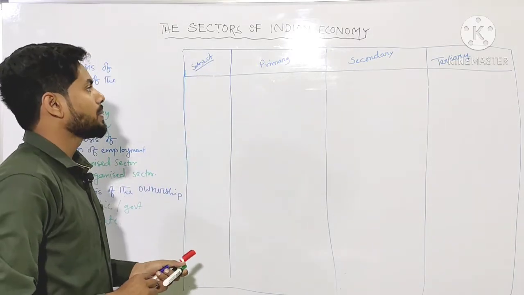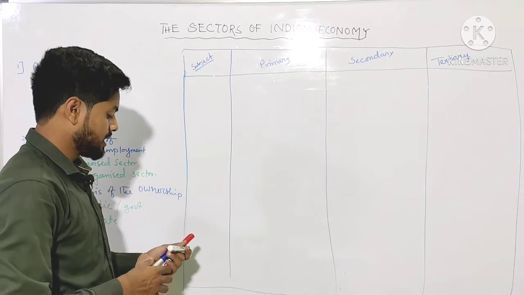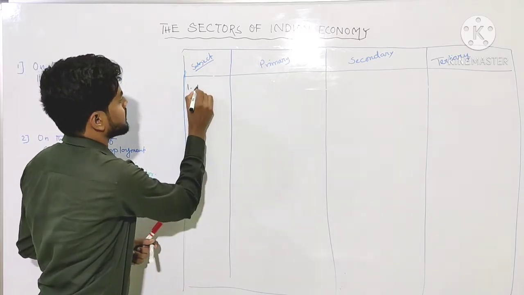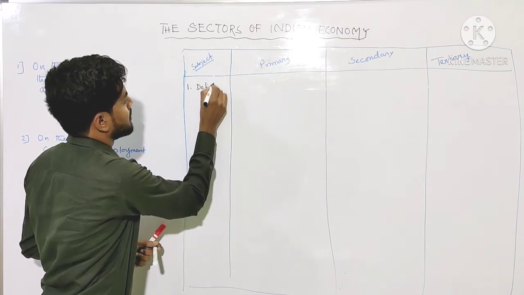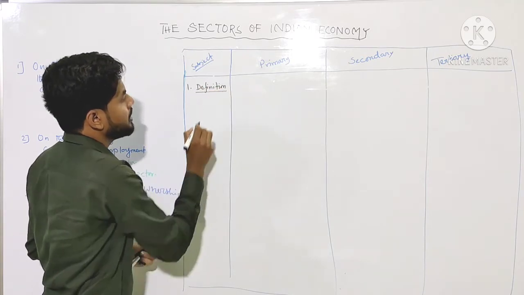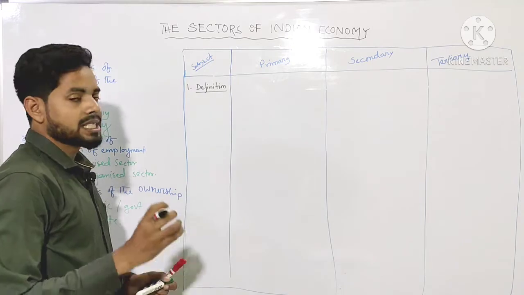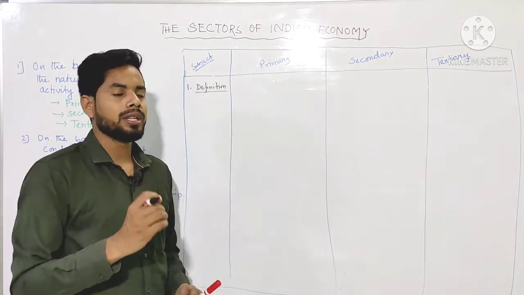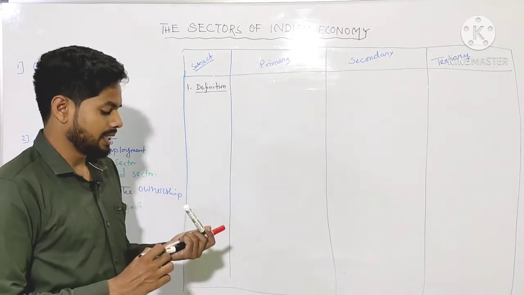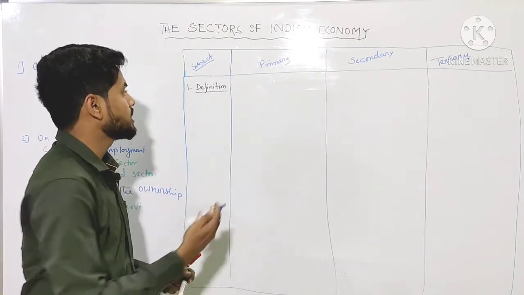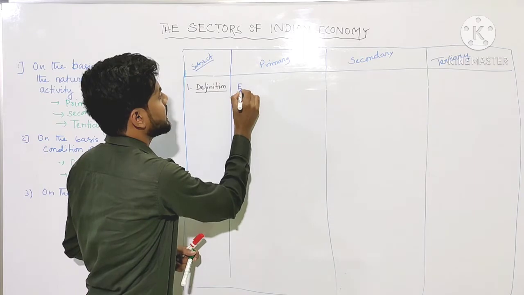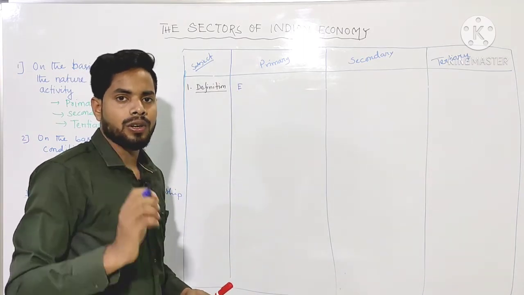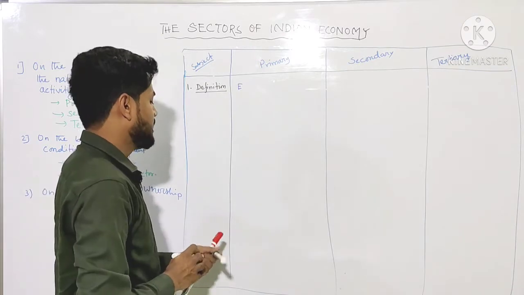What is primary activity and what is the primary sector? First of all, the definition. Exploitation of things or resources from nature is known as primary activity. You can also say that the extraction of resources from nature is called primary activities.